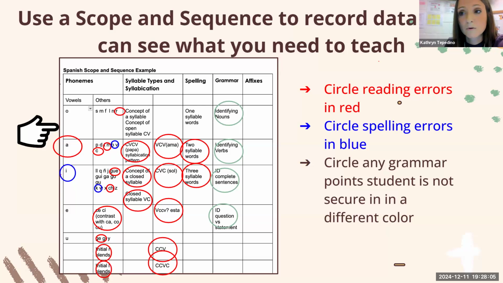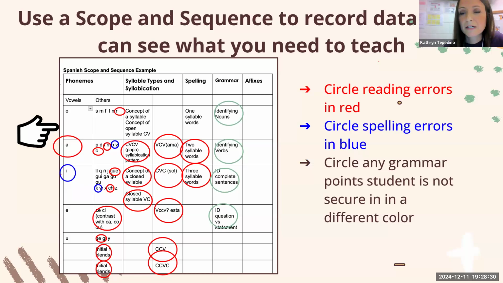Now, I made this scope and sequence up, based on many different programs. I don't know if any of you are familiar with Escalera, but I looked at Escalera. I looked at Amplify as a program. So I looked at theirs.